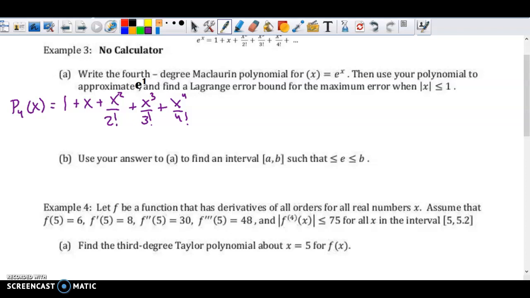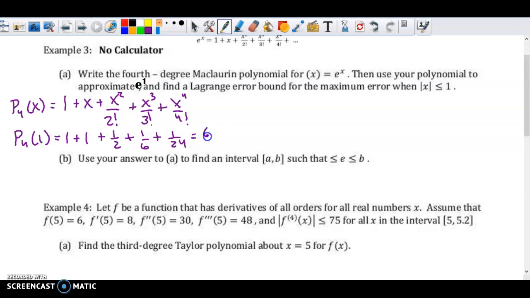So I'm going to plug 1 in to all of this. You'll start to get familiar with what some of those factorials are. Like you'll start to know that 3 factorial is 6, 4 factorial is 24, 5 factorial is 120.